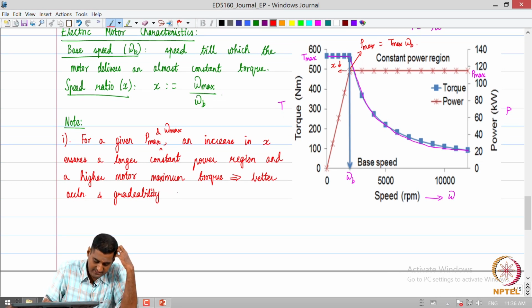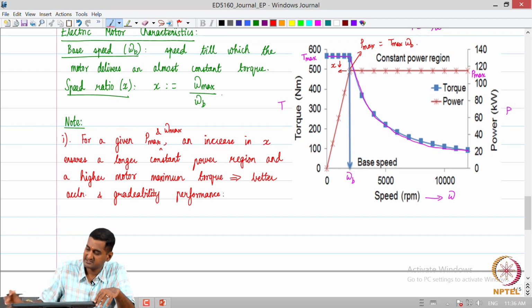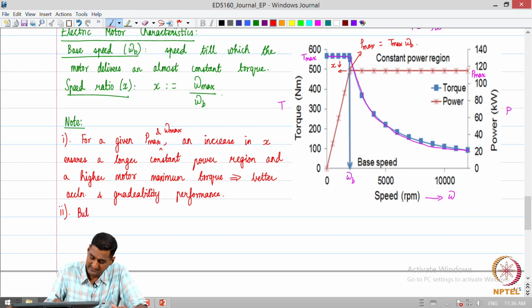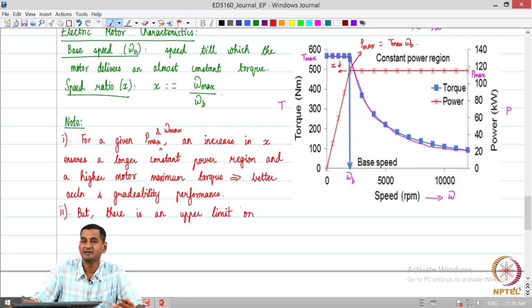So, essentially we are going to get better acceleration and gradability performance. Okay, so that is the advantage, but depending on the type of motor, there is an upper limit on the speed ratio of the motor. We can't keep on increasing the speed ratio.